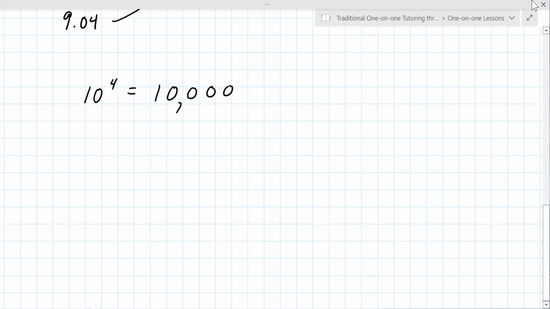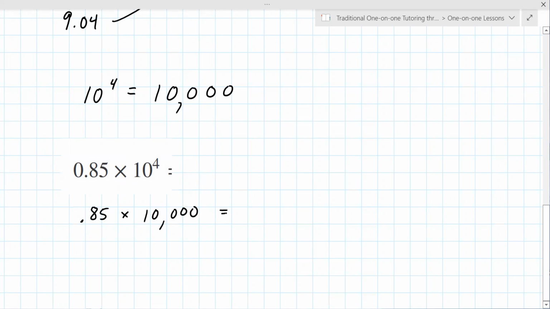So if the problem, let me snip in this problem, says 0.85 times 10 to the 4th, what it really is asking you is 0.85 times 10,000.